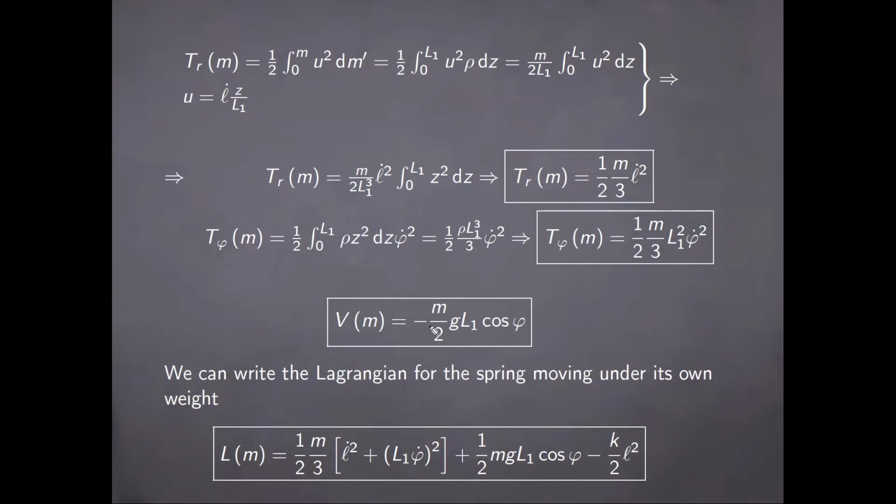So with these results, we can write the Lagrangian for the spring moving under its own weight as containing the total kinetic energy of the spring, the potential energy of the spring, and the elastic energy derived from the fact that it's allowed to oscillate in length.